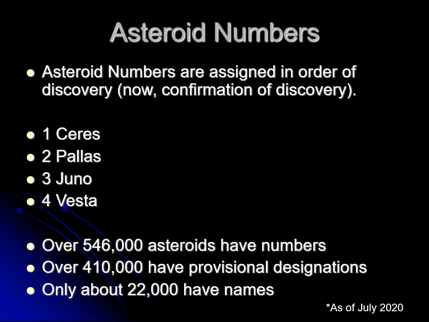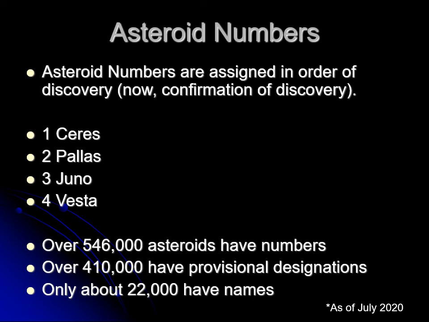The numbers are assigned in order of discovery. So you get 1 Ceres, 2 Pallas, 3 Juno, 4 Vesta, as I said. Over 500,000 asteroids have numbers. Over 400,000 of them have provisional designations. That means we have found and cataloged almost 1 million asteroids, and we think that we've only found a fraction of the ones that are out there.